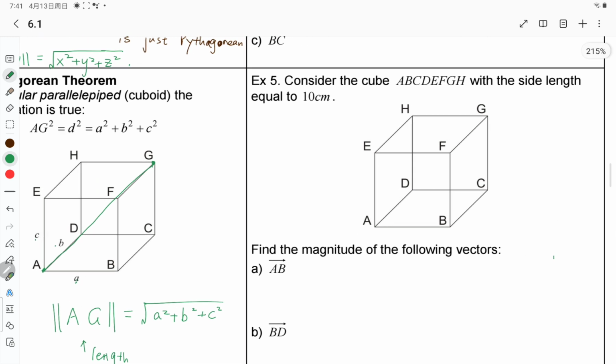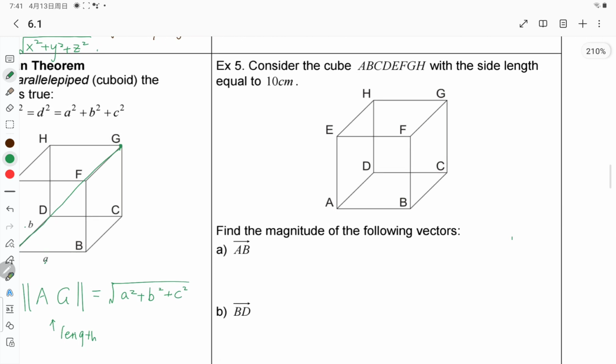And consider the side lengths equal to 10. Magnitude of these following vectors. The magnitude of the vector is just our side length, okay? It's just length.